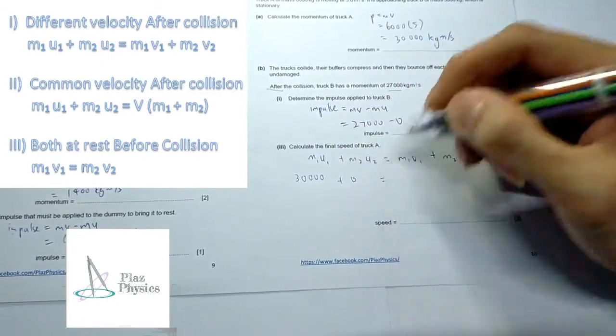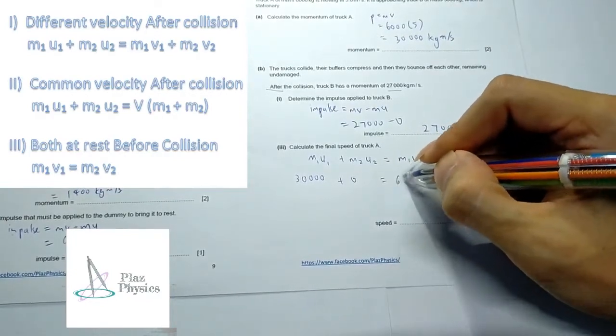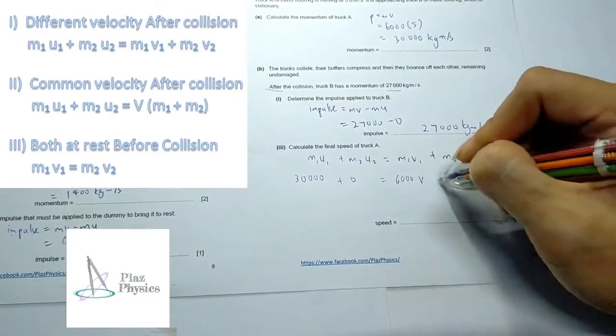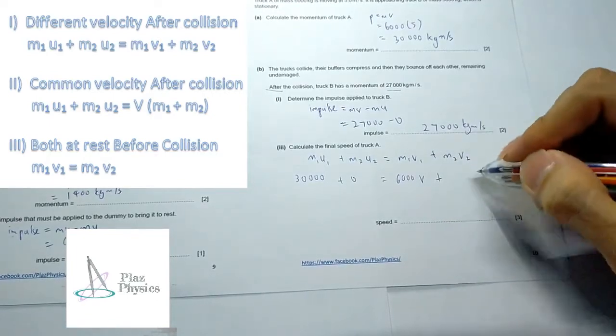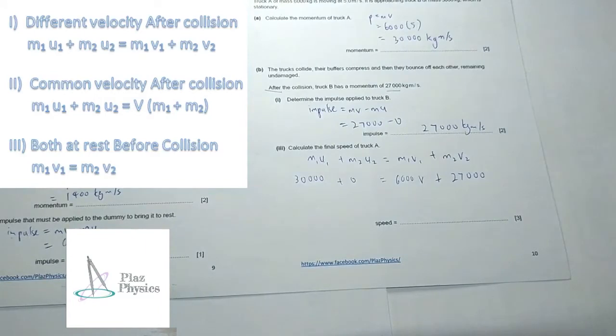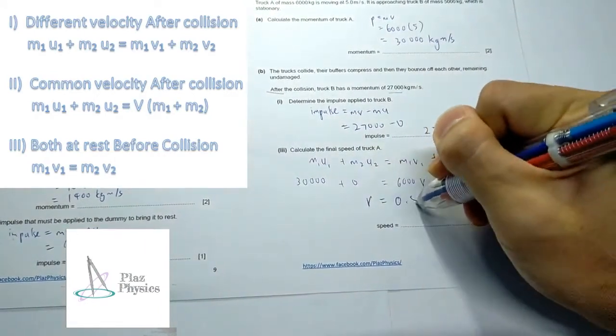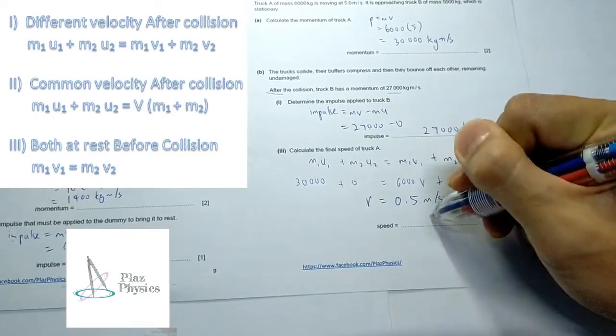At first B is not moving, so 0. This one is after. So mass for the first one is 6,000, and v we don't know. After doing the calculation, you will get 0.5 meter per second.